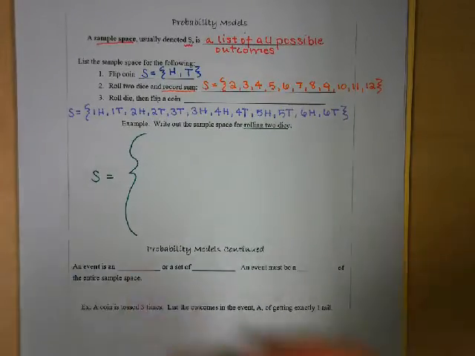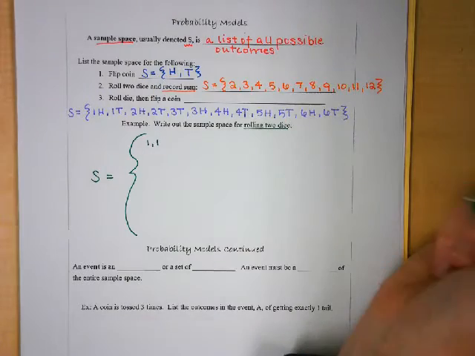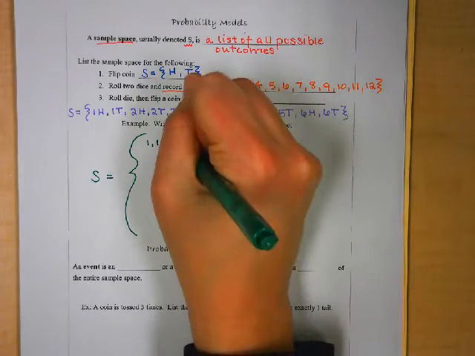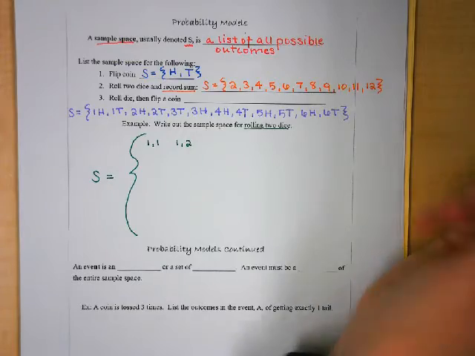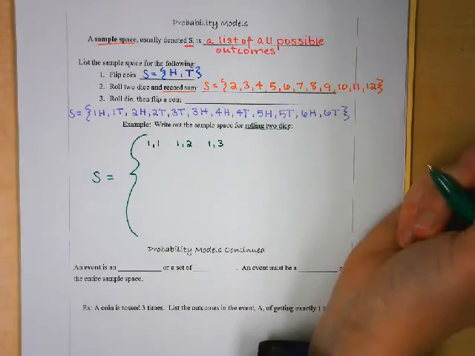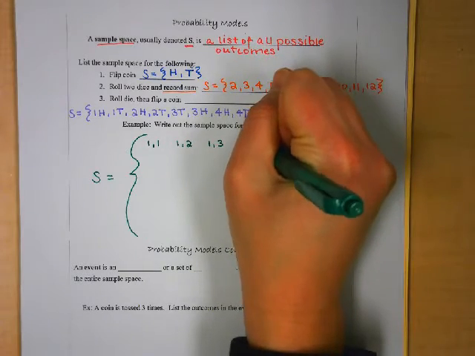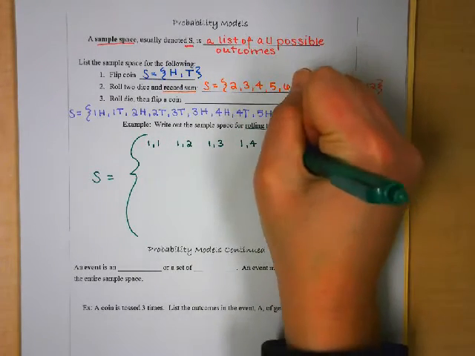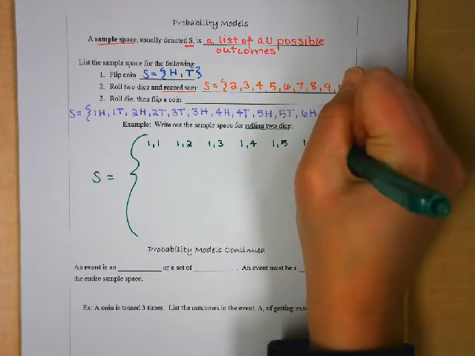So I could roll a 1 on my first dice and a 1 on my second dice. I could roll a 1 on the first and a 2 on the second, a 1 on the first, a 3 on the second, a 1 on the first and a 4 on the second, 1 on the first, 5 on the second, or a 1 and a 6.